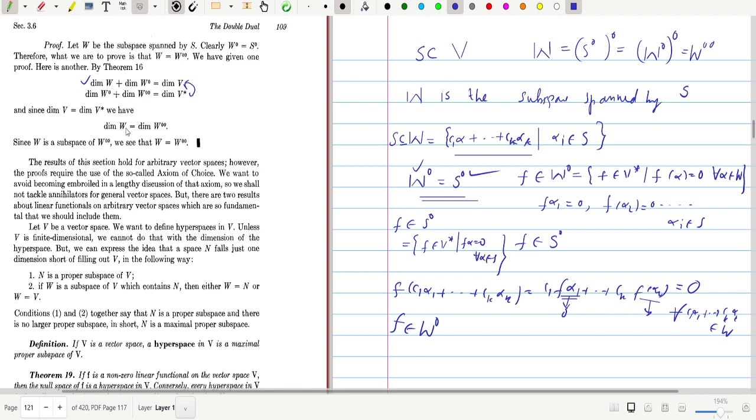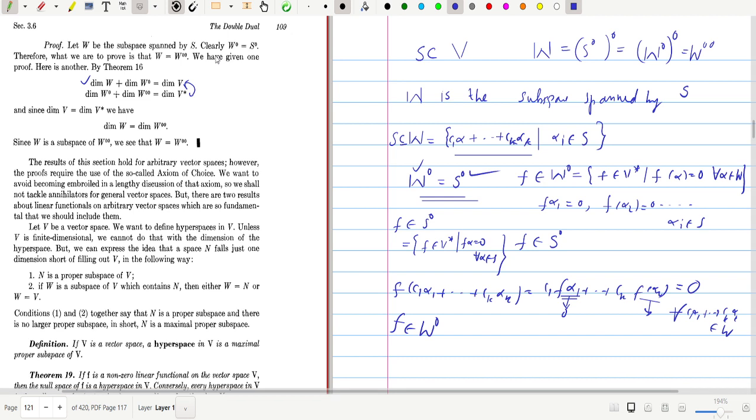So we get dimension of W equal to dimension of W double naught. Okay, but we know that W is a subspace of W double naught, because if you choose any element of W, this is the mere identification of W and W double naught.